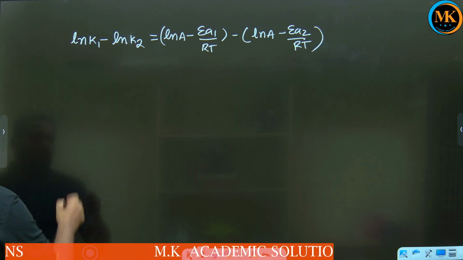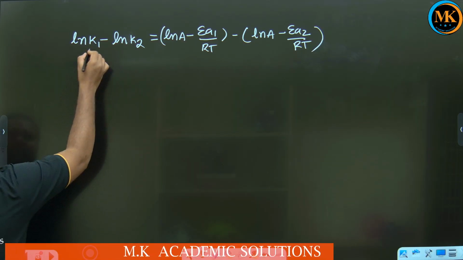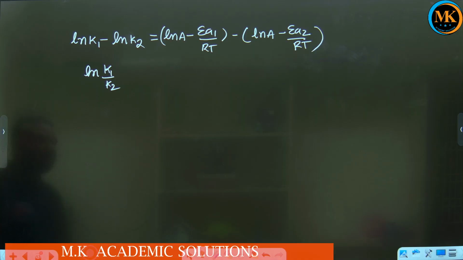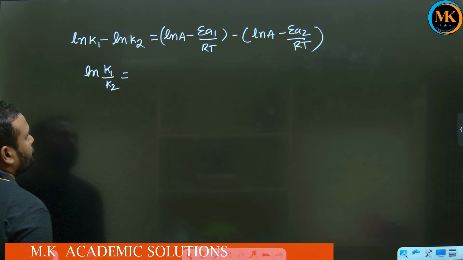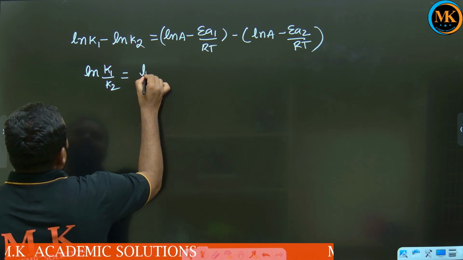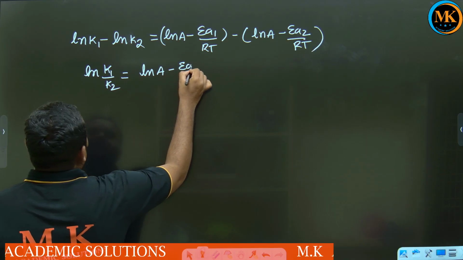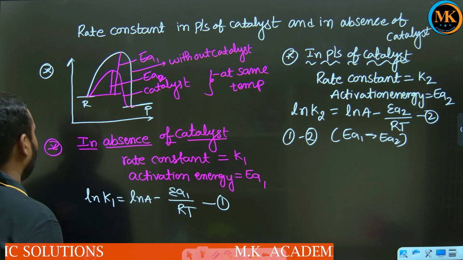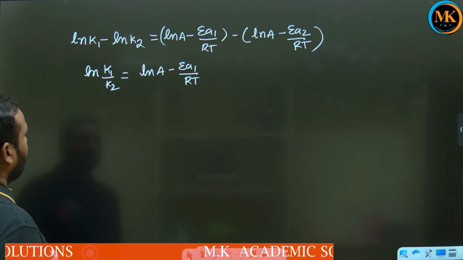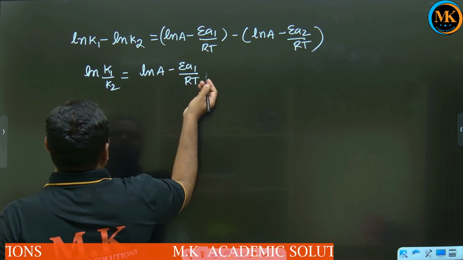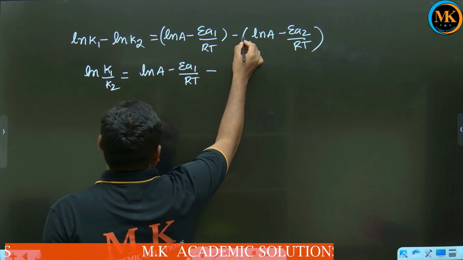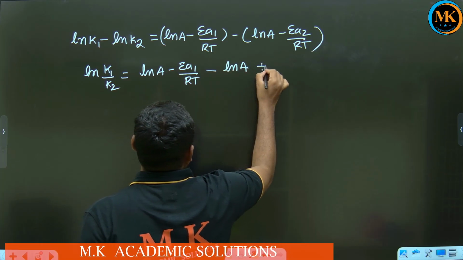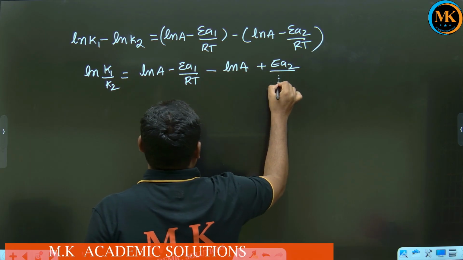Okay. Therefore ln K1 minus ln K2 will become ln K1 by K2, that equals ln A minus EA1 by RT, minus ln A plus EA2 by RT.